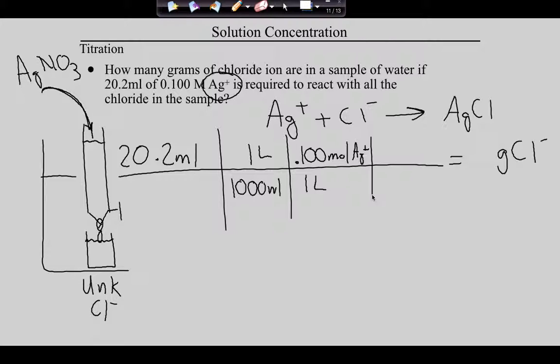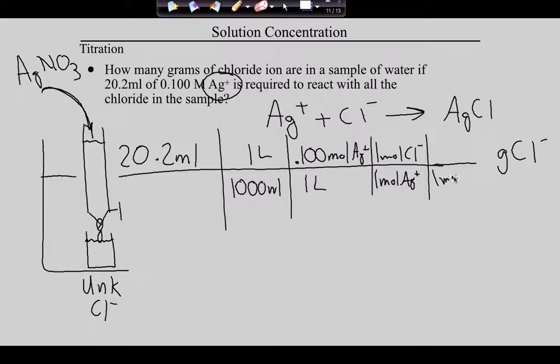Now, guys, we're in moles of silver. But we want to be in moles of chloride. How do we get there? Mole stoichiometry. Balanced equation. 1 mole of silver ion will react with 1 mole of chloride ion. Now, can we get to grams?